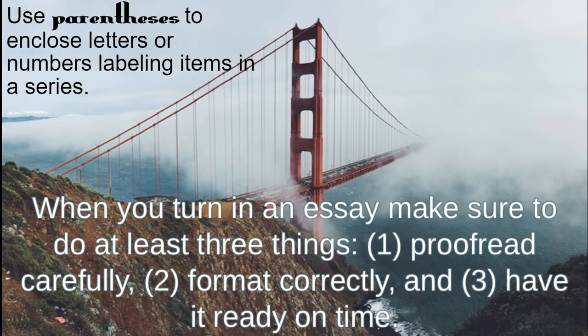Now, if you're tempted to do this, ask yourself, do you really need the 1, 2, 3? In this sentence, it says do at least 3 things: proofread carefully, format correctly, and have it ready on time. We really don't need the 1, 2, 3. So this would be for formal writing, but it's also something that you'll rarely use.